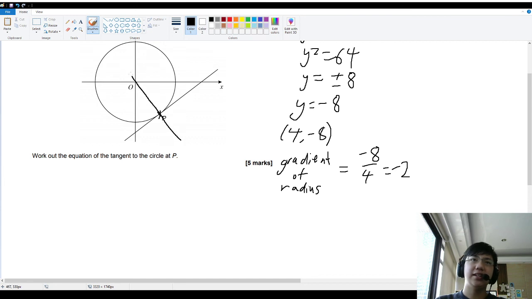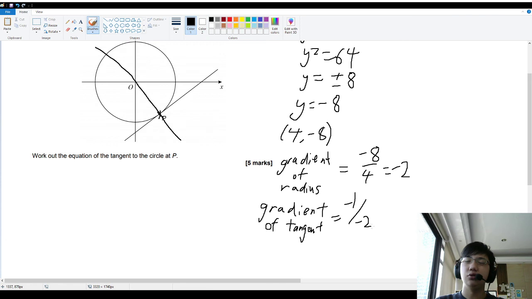So this line has a gradient of negative 2. But we're trying to find the equation of the tangent to this point. So the gradient of the tangent is perpendicular to the gradient of the radius. So the gradient of the tangent is negative 1 over negative 2, or the negative reciprocal of the gradient of the radius, which gives us a gradient of 1 over 2 for the tangent.